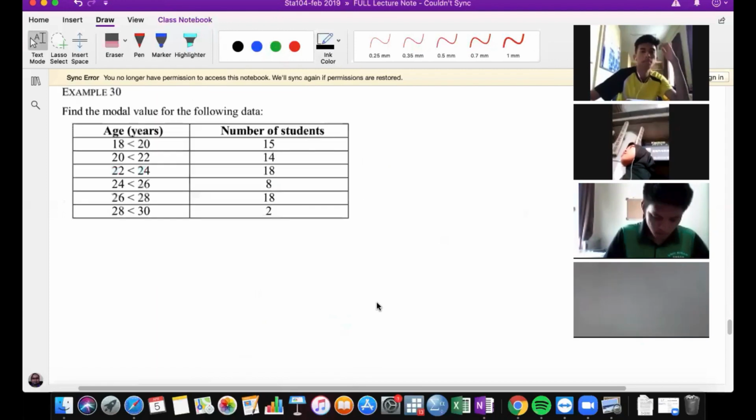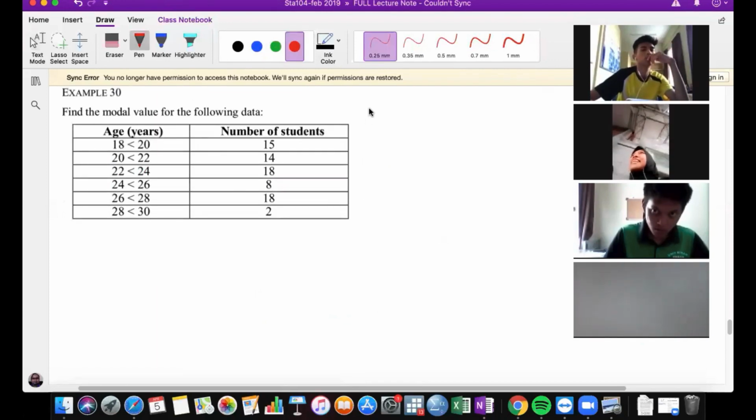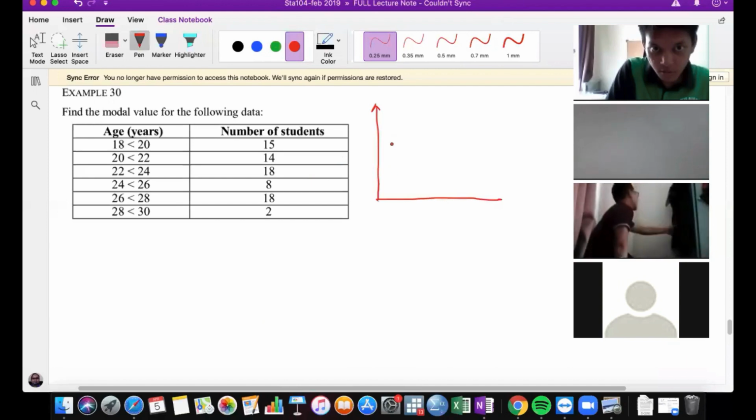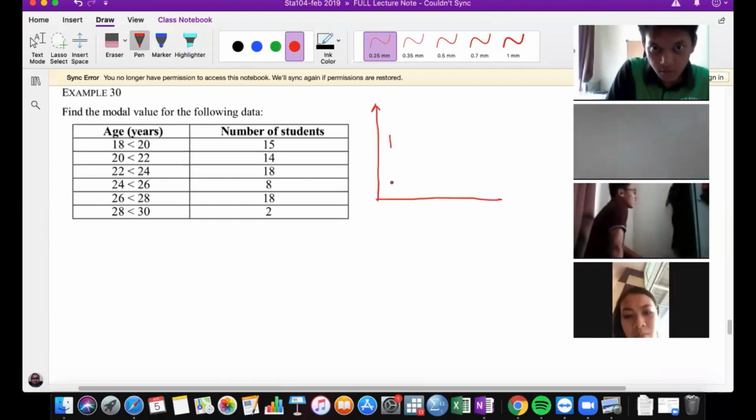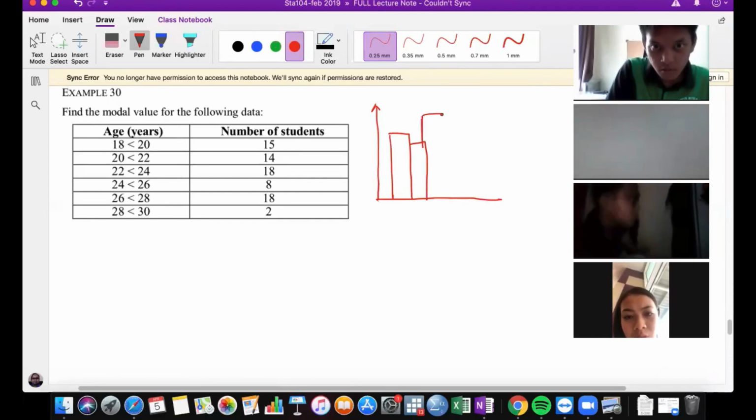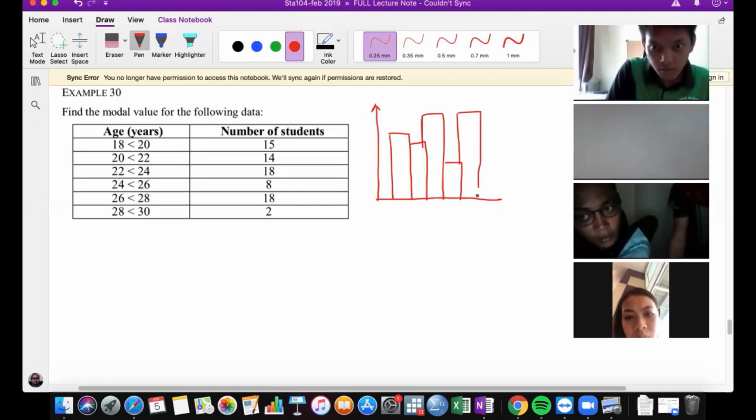Now look at example number 30. Before we start, let's draw a rough histogram. Let's say this is 15, this is 14, and this is 18, a bit higher, and this is 8 somewhere here, and this is 18, and this is 2. From the histogram, we can see that we have two modes.